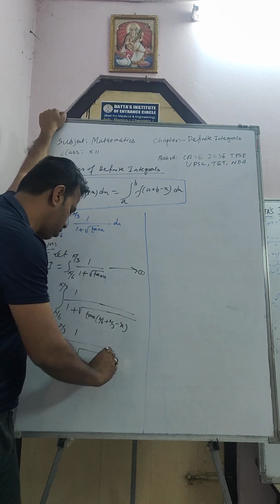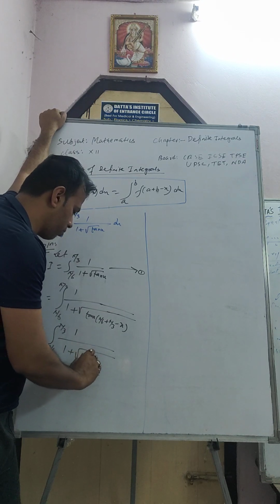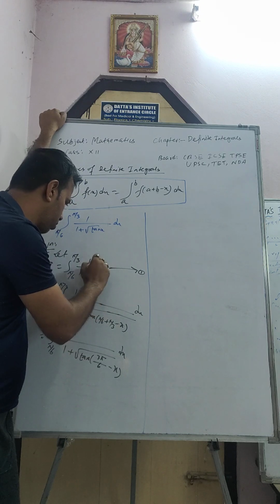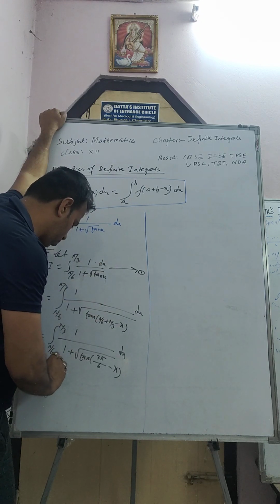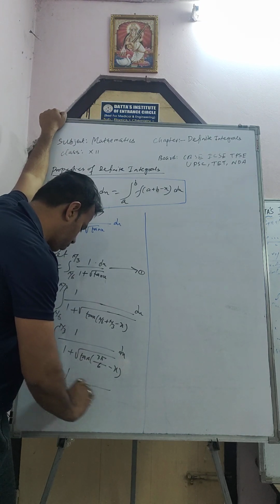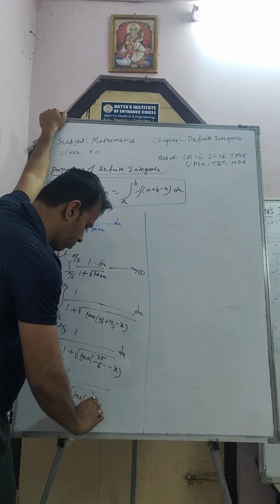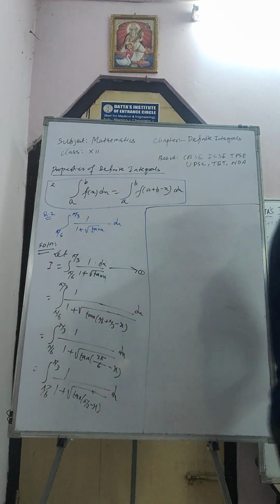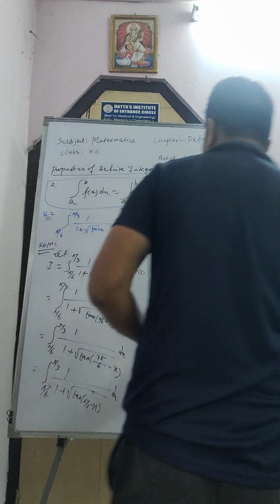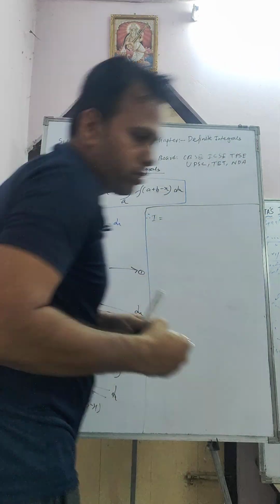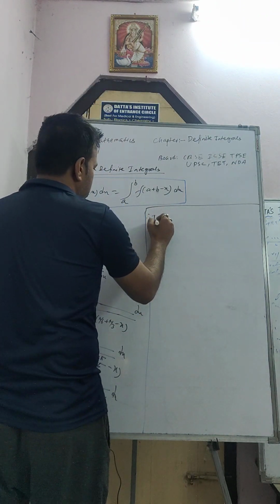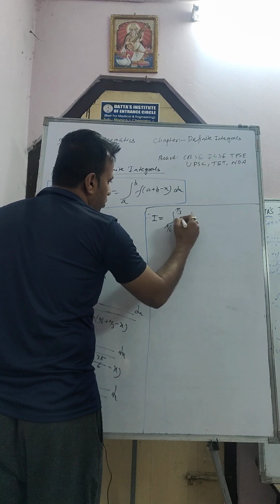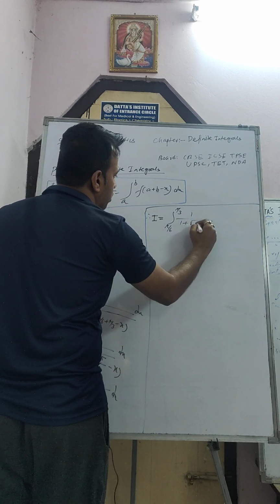Now the integral from pi by 6 to pi by 3 of 1 by (1 plus root over tan of (pi by 2 minus x)) dx. If I do the LCM here, it will be pi by 2 minus x. Therefore I equals the integral from pi by 6 to pi by 3 of 1 by (1 plus root over cot x) dx.